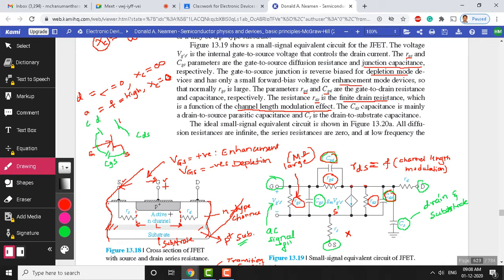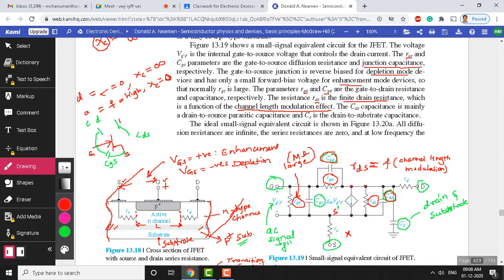That pinch off keeps increasing as you keep increasing the drain source voltage. In fact, as drain source voltage increases, the current becomes almost constant, but in the channel length modulation effect it does not happen like that. As drain source voltage increases, the pinch off region keeps moving towards the source side.